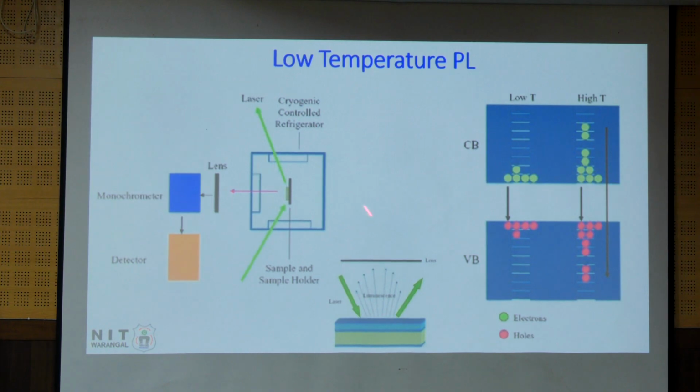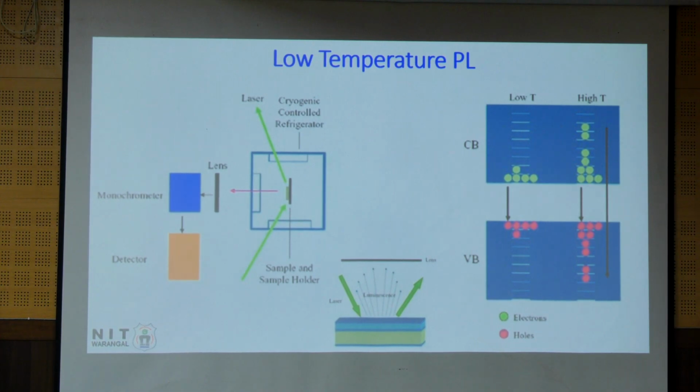So this is the setup. It consists of a low temperature cryogenic cell, your sample holder, and the whole thing will be immersed in liquid nitrogen. So the sample as well as the holder, everything will be at low temperature. When you decrease the temperature, the motion of the electrons, everything will be frozen.